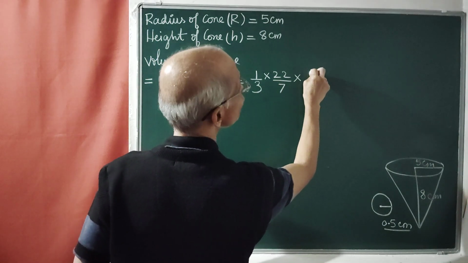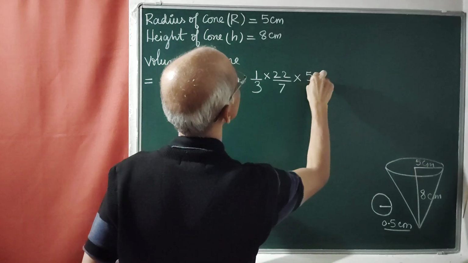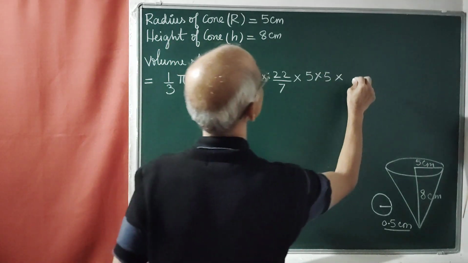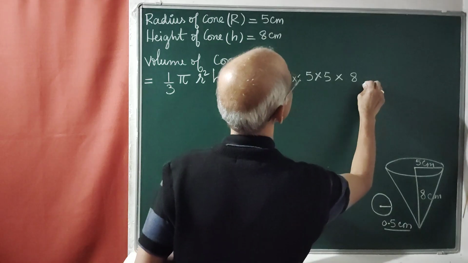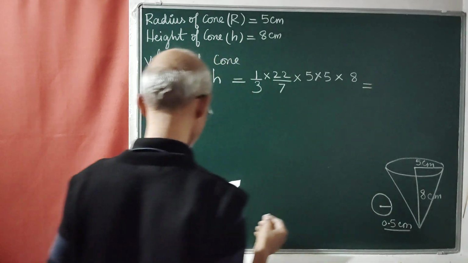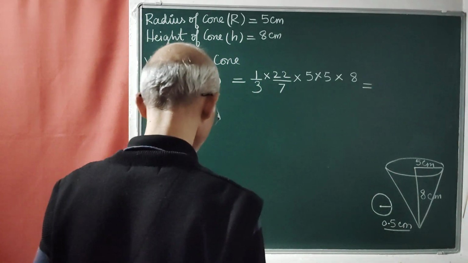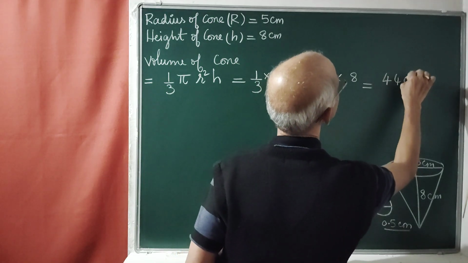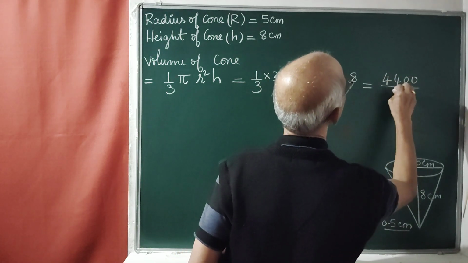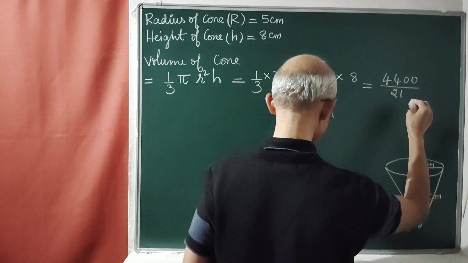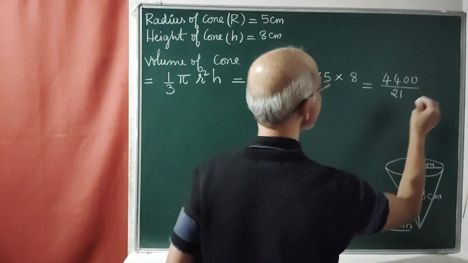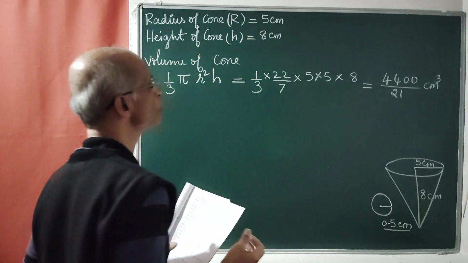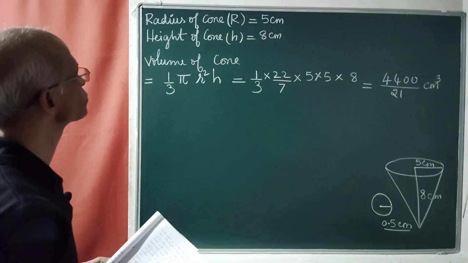R is 5. So 5 into 5 into h into 8. This, if you calculate, 4400 by 21 centimeter cube. This is the volume of the vessel, that is cone.